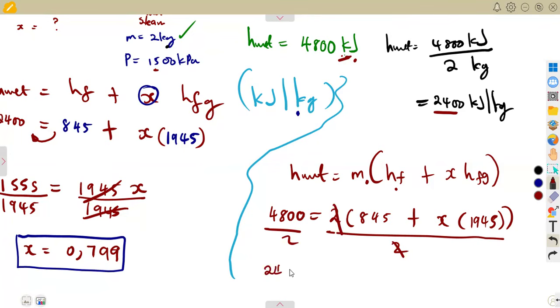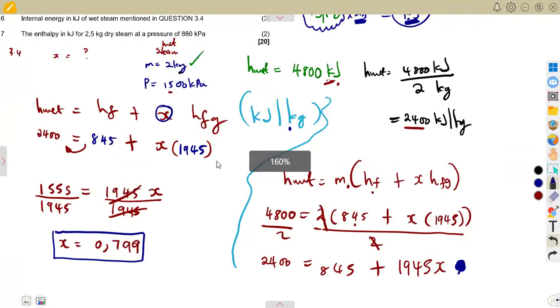So this will be 2,400 is equal to 845 plus 1,945 times X. So this stage is exactly as this stage. So that means definitely we are going to have the same answer. So if you wanted to use that value as 4,800, you have to consider the mass.